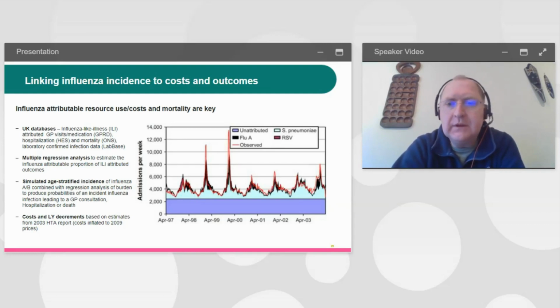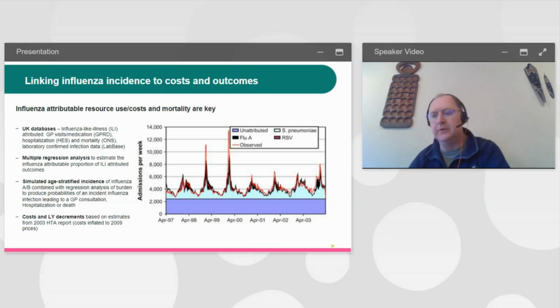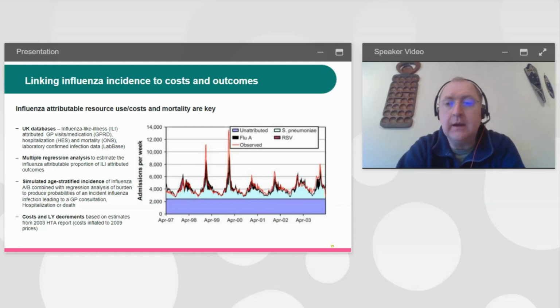Now the problem is, of course, that ILI is a broader definition than just flu, and there are other diseases that play into ILI. For instance, RSV, rhinovirus, cold-like viruses, and even some bacteria, so Strep pneumoniae can also present as a flu-like illness.